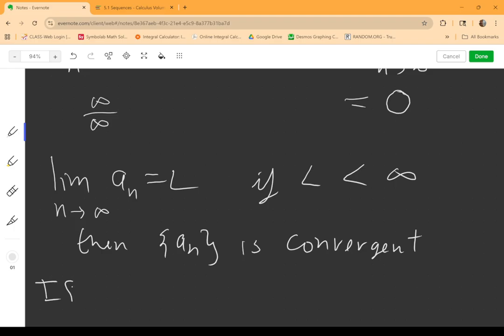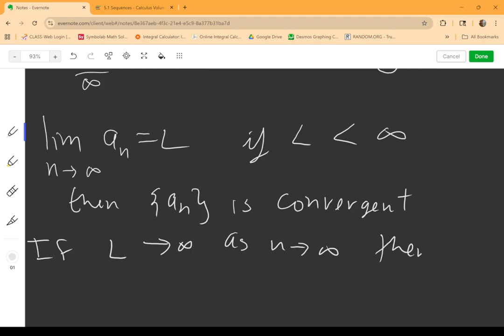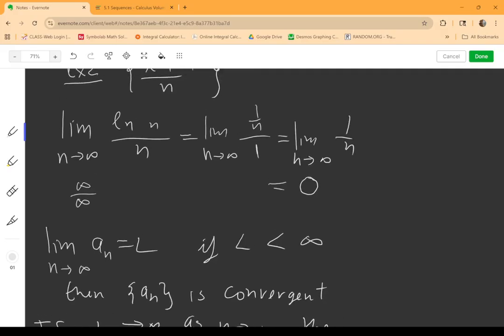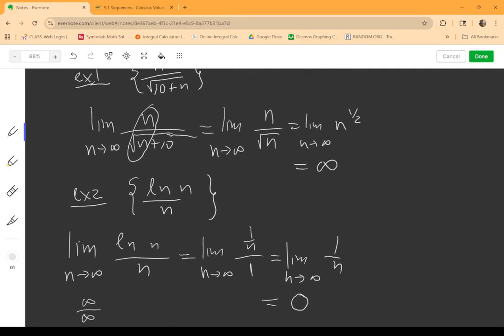If L goes to infinity as n is going to infinity, then a sub n is a divergent sequence. All right, so for our above examples, for the first one, when it is equal to infinity, this is a divergent sequence. When we get a finite value, we say that this is convergent.